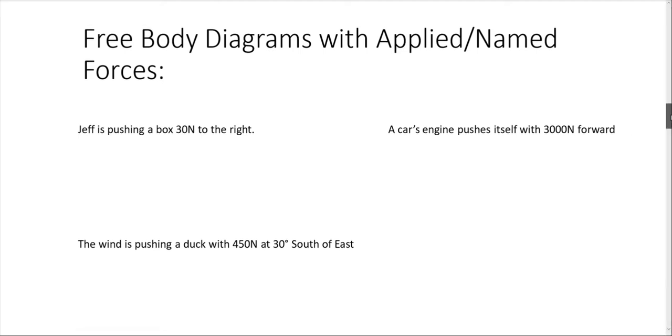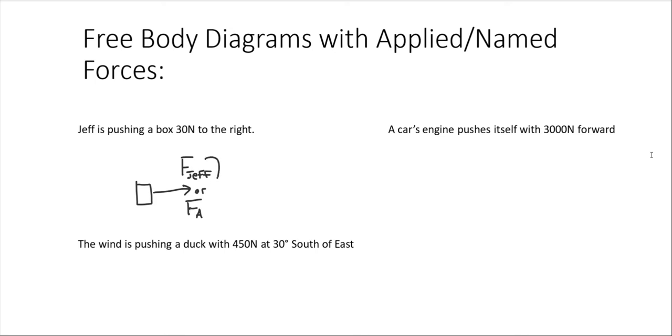What do we do when we are doing applied or named forces with free body diagrams? Well, you start by drawing your object. So Jeff is pushing a box, right? So here's our box, and he's pushing it to the right. We could label this force either as the Jeff force, F Jeff, or we could have labeled it F applied, because Jeff is applying a force.